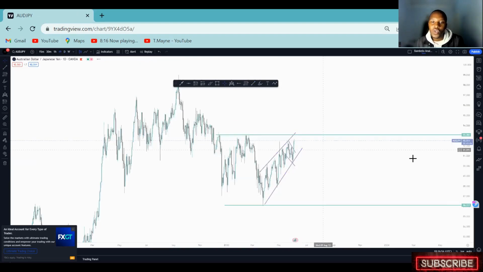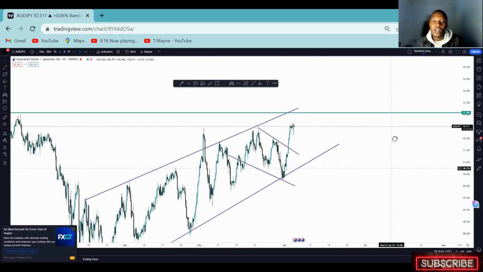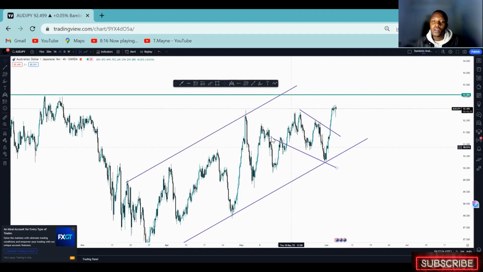So now let's quickly come here. You can see that we have this impulse move, this correction. We have broken out, and to some extent we have reached the 90% rule of that pattern. But the level that is much more important here that we need to focus on is that one.